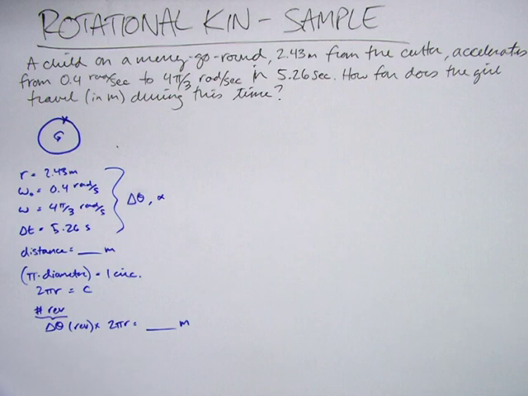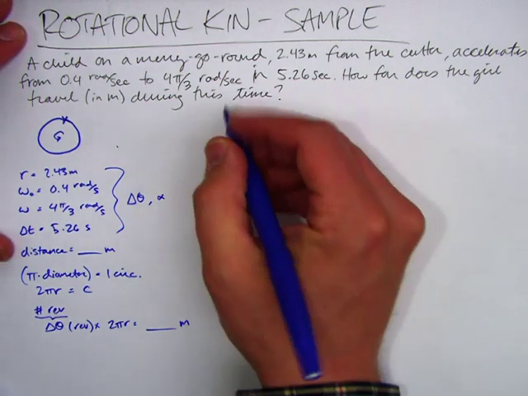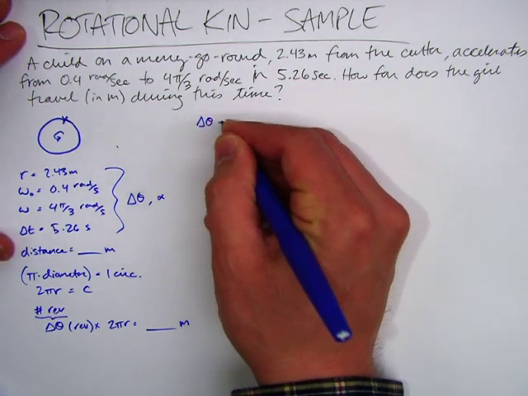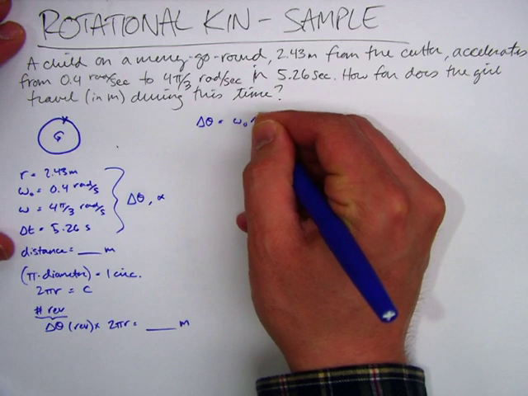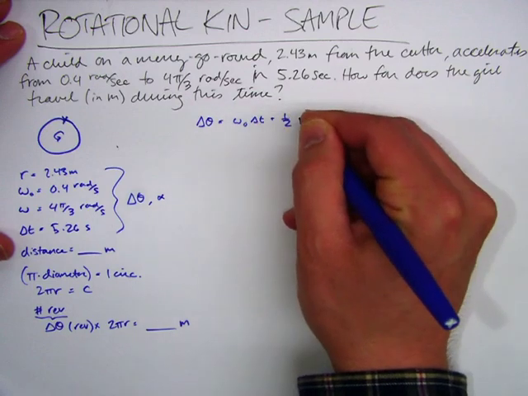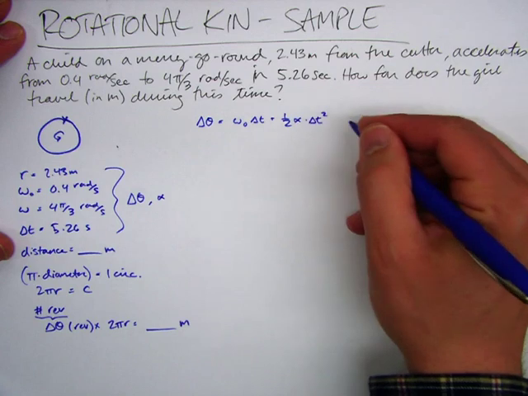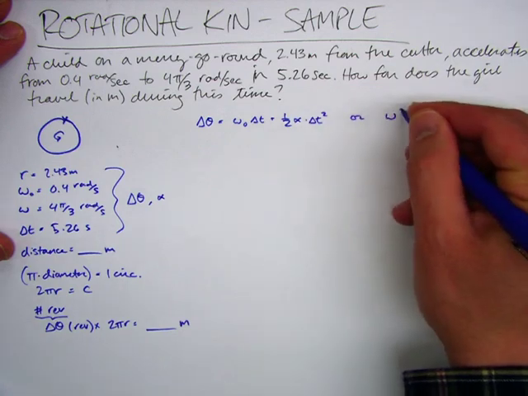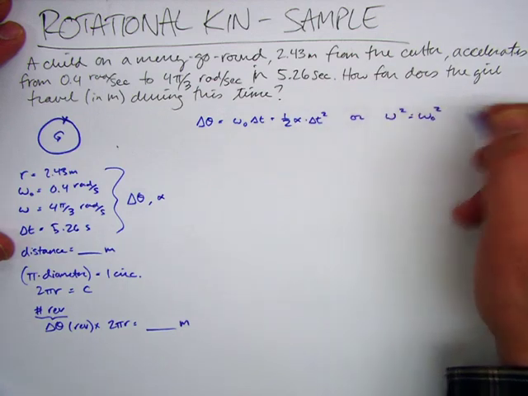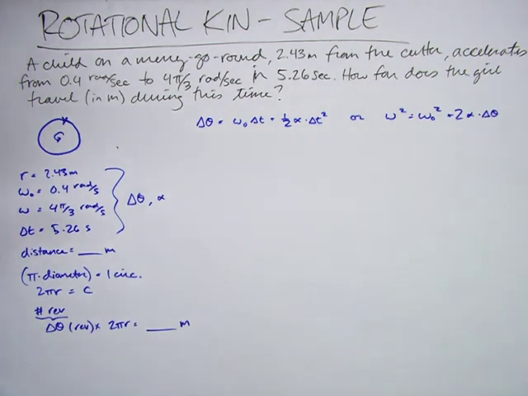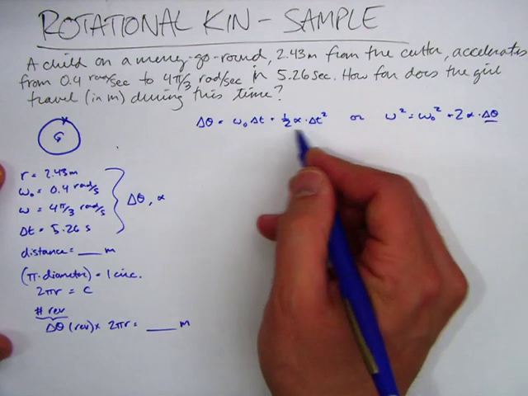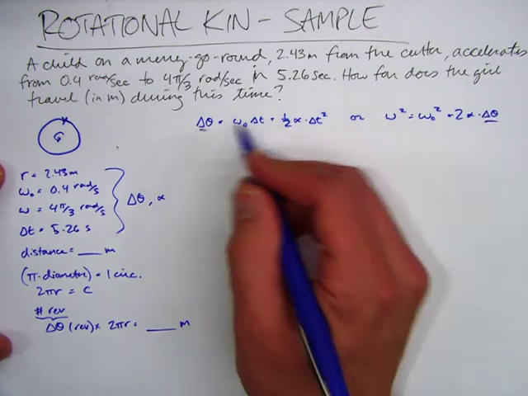So if I look at my equations for delta theta, I have delta theta equals omega naught delta t plus 1/2 alpha delta t squared, or omega squared equals omega naught squared plus 2 alpha delta theta. These are my two angular acceleration equations that have delta theta in them.